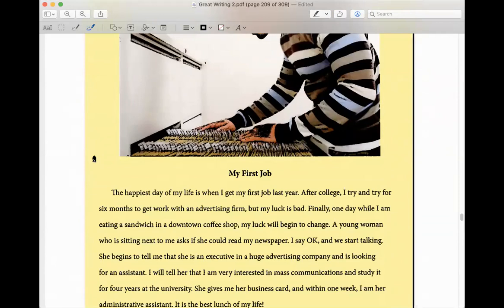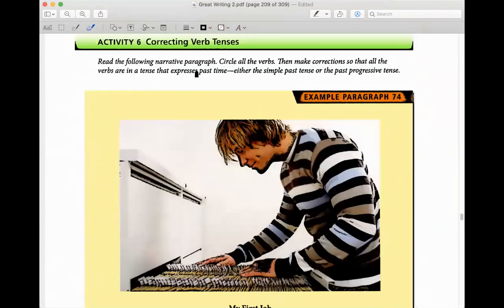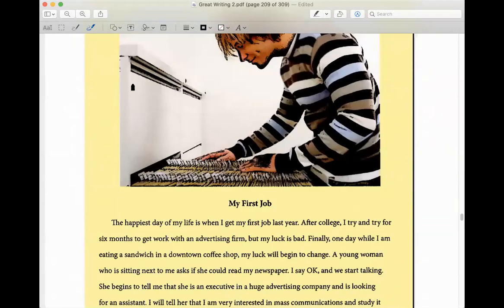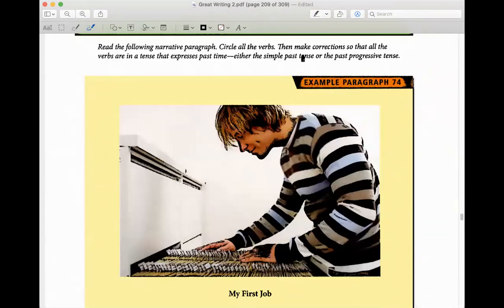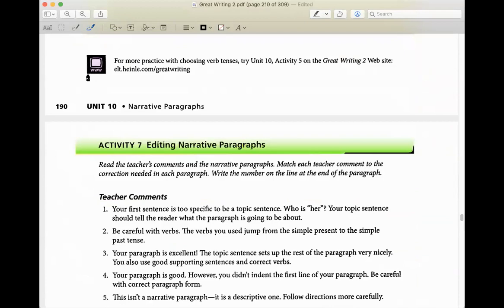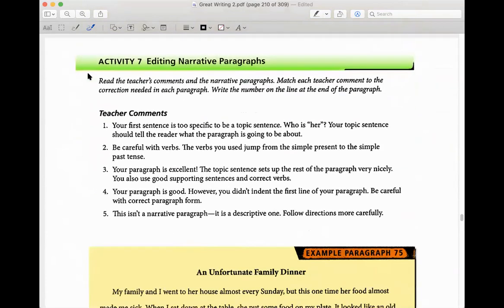This is a grammar activity, just correcting verb tense. So they should either be in the simple past or past progressive.